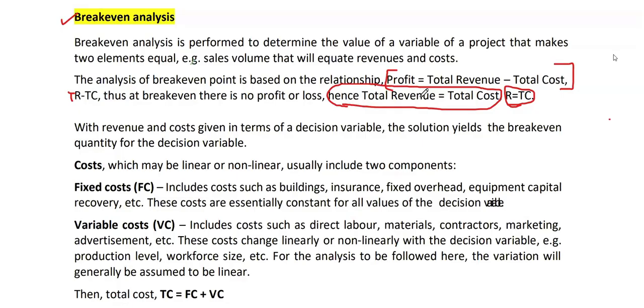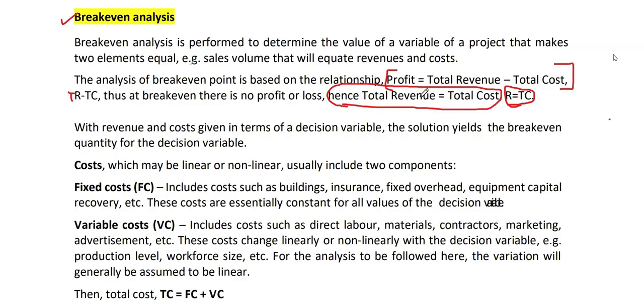Let us say, for example, that we calculated that the break-even point for a company is 50 units. Let's say this is a beer producing company, and we have calculated that the break-even point for the beer producing company is 50 bottles of beer.